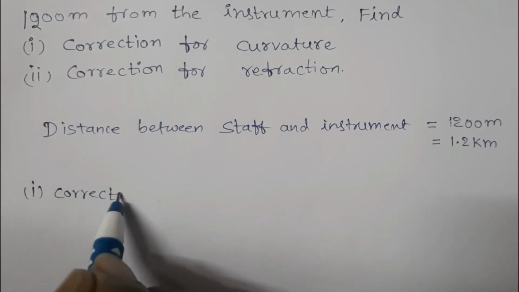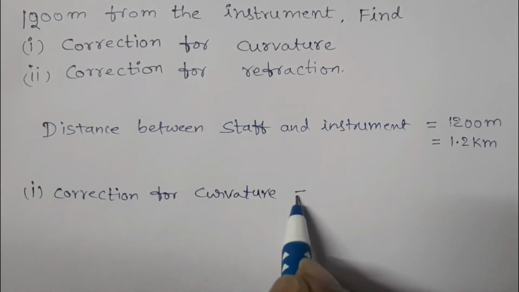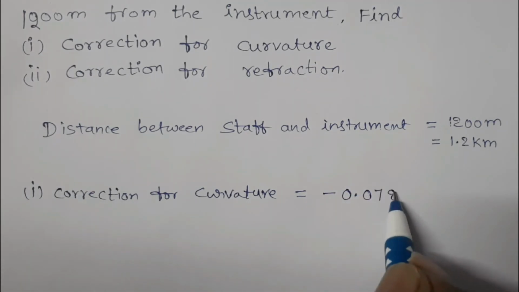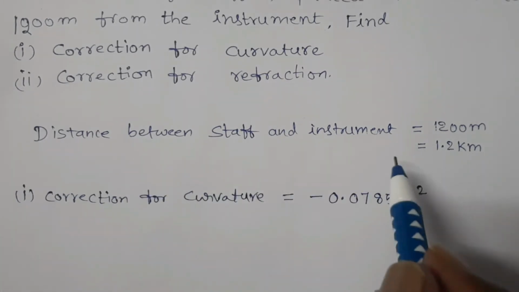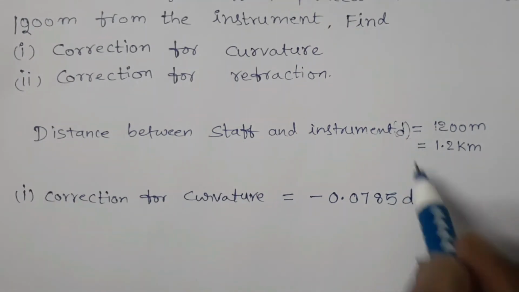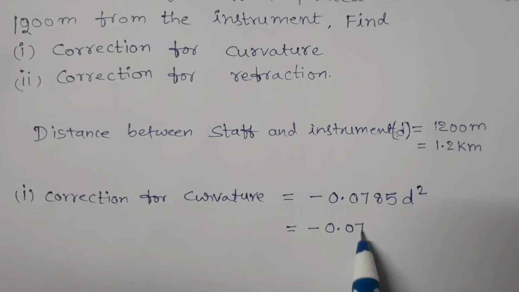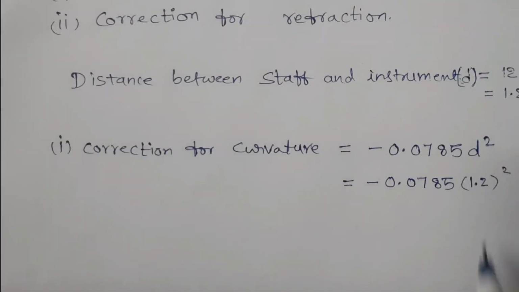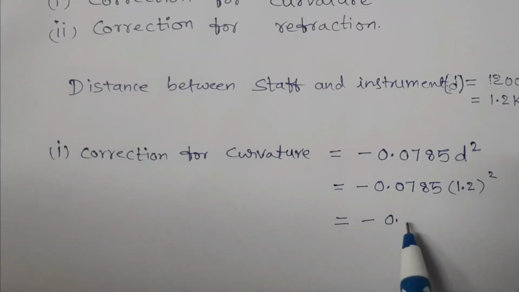Correction for curvature is minus 0.0785 d square. Here d is the distance between staff and instrument in kilometers. Minus 0.0785 into 0.2 whole square, which is equal to minus 0.003 meters.